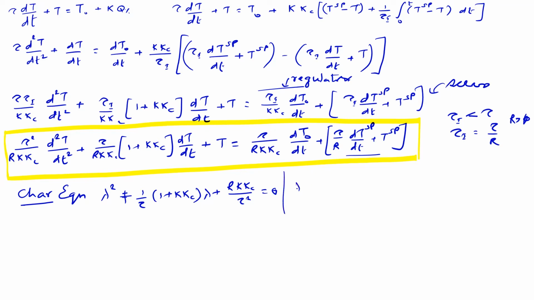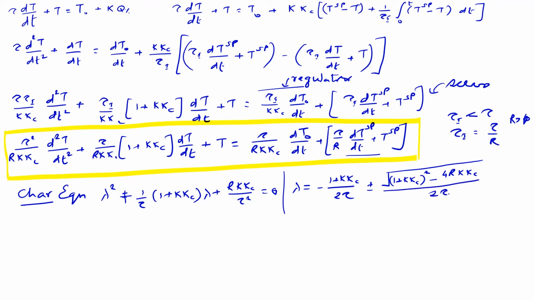This is the characteristic equation, and for this characteristic equation the two roots are lambda is equal to minus 1 plus KKc divided by 2 tau plus minus square root of 1 plus KKc whole square, and tau square, square root of that will be tau, so we'll take the tau out, minus 4 times r KKc divided by tau square, and tau square we take out and divide by 2, so this would be divided by 2 tau.